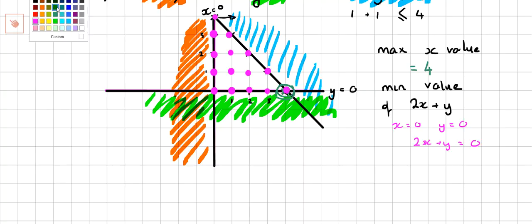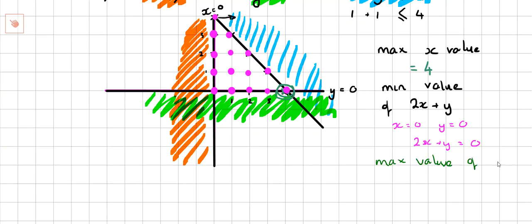However, what if I said, what's the maximum value of 2x plus y? Why 4? Because that's the only thing you can go up to. You can't go beyond that. What did you say, Alex?